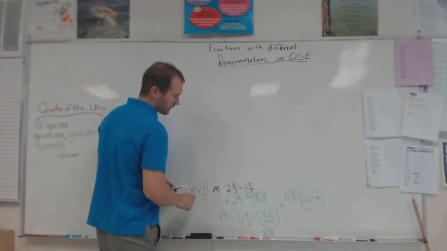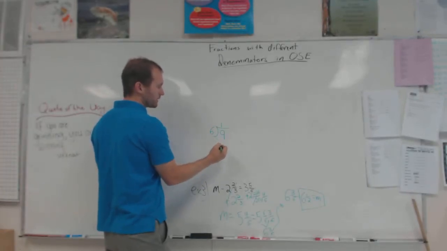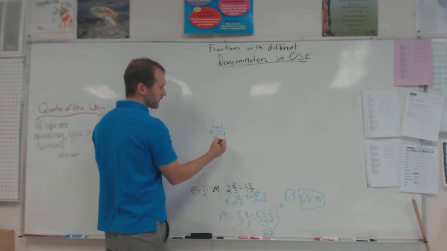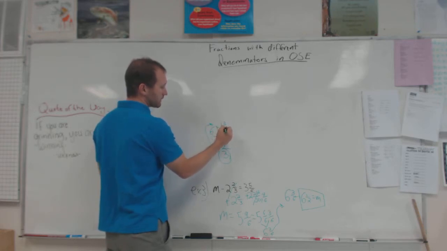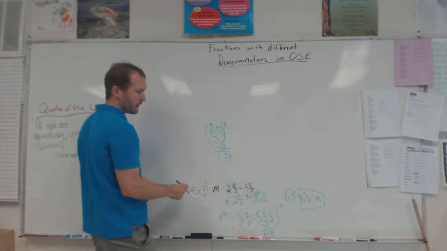We could have just done 9 divided by 6. 6 goes into 9 once. 1 times 6 is 6. 9 minus 6 is 3. And we would have taken this up here and have 1 and 3/6. That's another way, and then add that on to our 5.